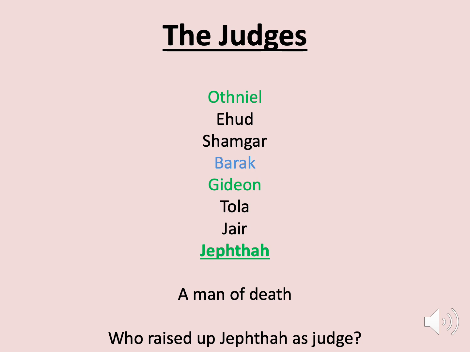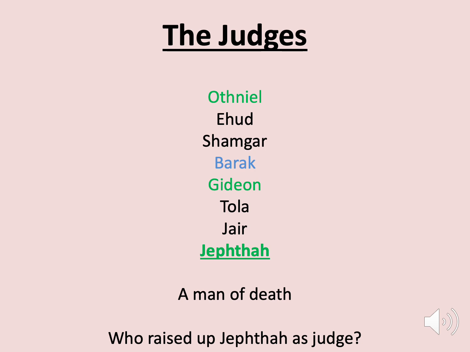Instead, as the Ammonites are coming and attacking, the Israelites assemble and decide that they're going to go find a judge. And so they go and find Jephthah the Gileadite, who is a mighty warrior. Israel is repentant, at least in chapter 10, but doesn't seem to have actually put their faith in God to deliver them. They're still orchestrating events here, trying to get things worked out on their own.